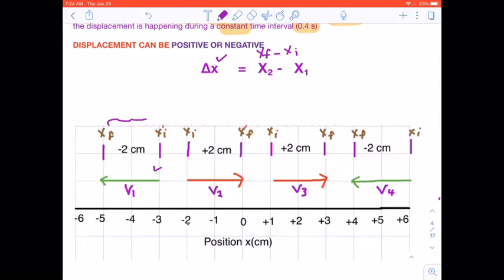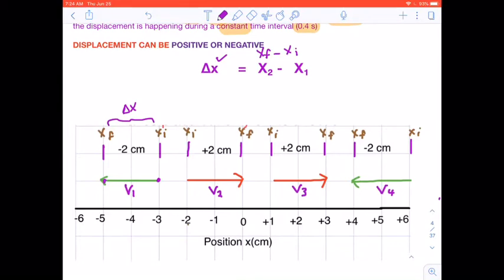It starts off there and it ends off there.